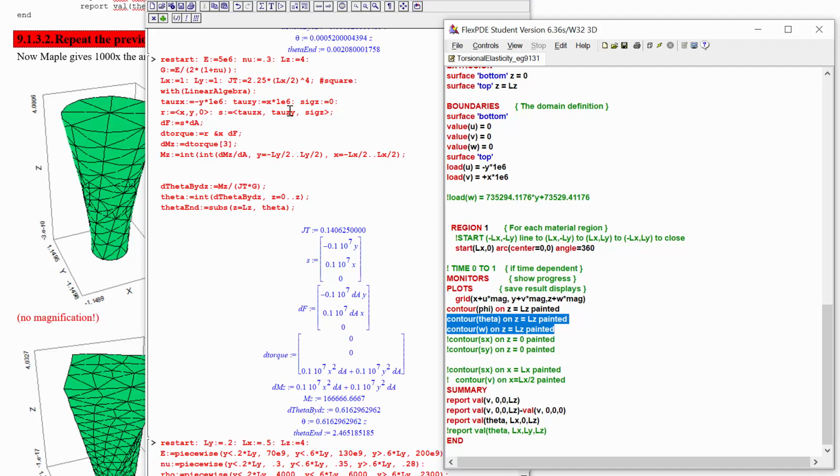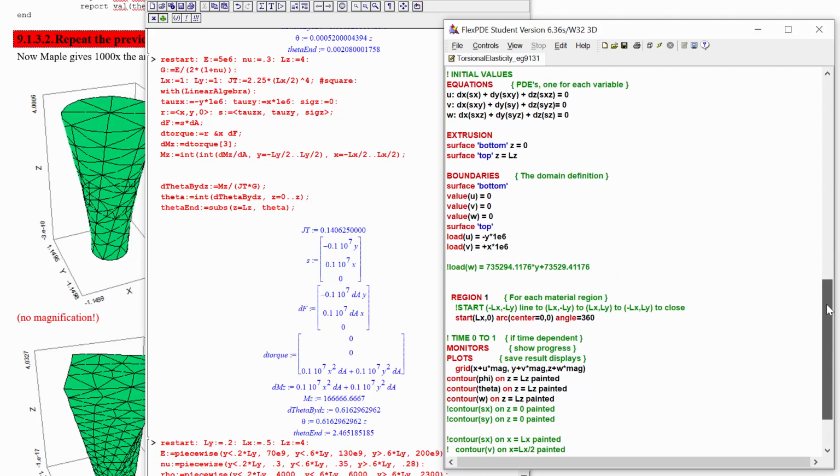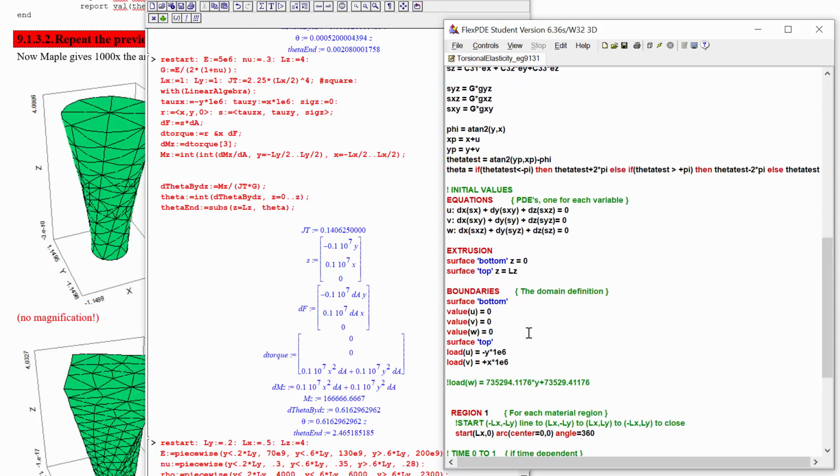So not only did we have a lot of small angle approximation things going on in Maple when we worked this stuff out, and the limits between square and circular cross sections for this analytical work, but the way that we're applying loads on the top surface is going to always apply a force in the x direction based on the original y value, and always in the y direction based on the original x value.